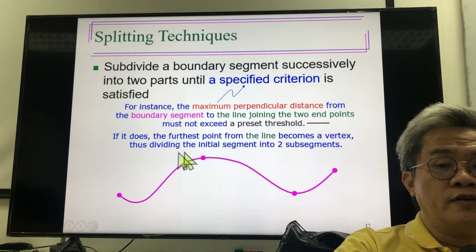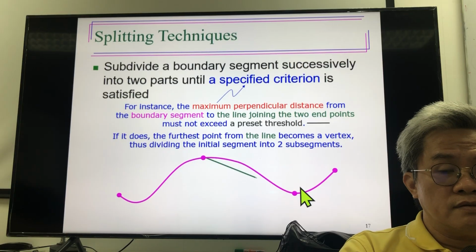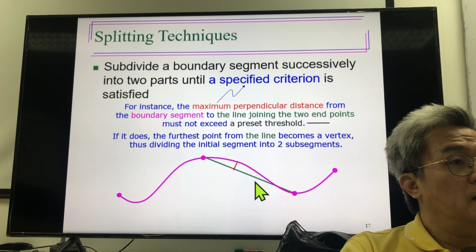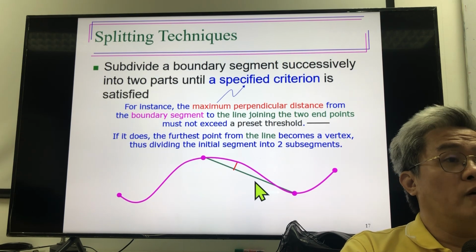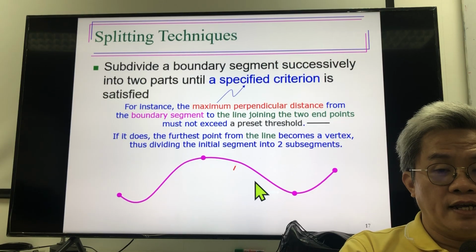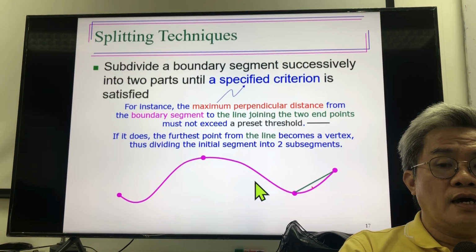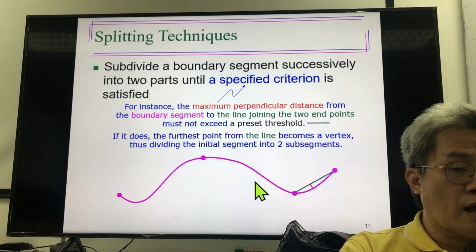And then for this segment, you need to measure it again. So you measure this, and the error is smaller than the threshold. You don't need to split anymore. Stop right there. And this one, the error is smaller than the threshold. Let's stop. And that's it.